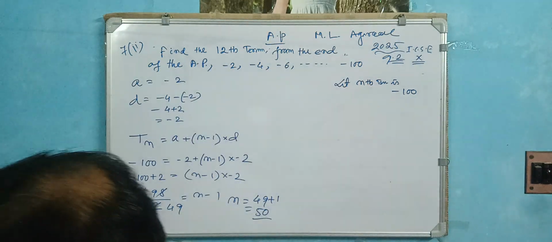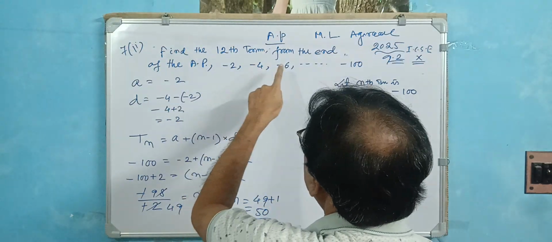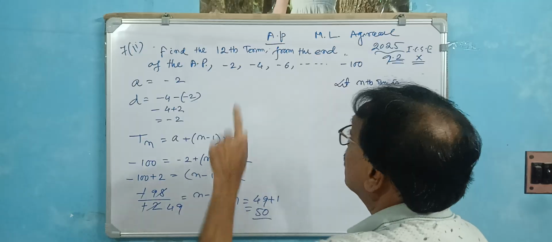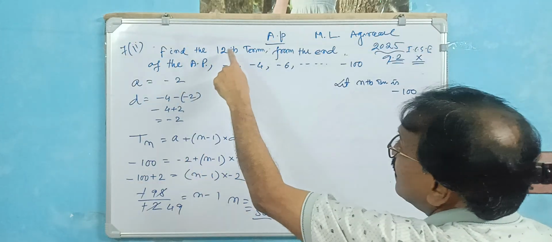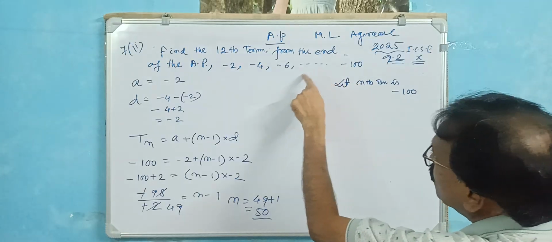Clear? These are the first term, second term, third term, fourth term, fifth term. But we need to find the 12th term from the end. Let us say first, second, third, fourth, and so on.